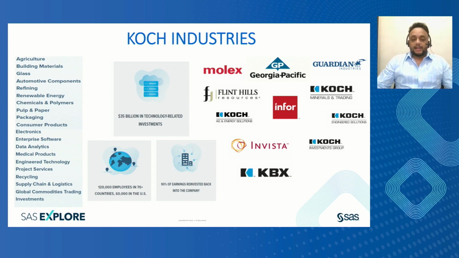As a company, we have a principle of investing 90% of our earnings and giving back to society. Since we are more motivated and believe in investing more in technology, our investment in technology is around 35 billion, which makes us a future-ready company, ready for any challenges we can face.